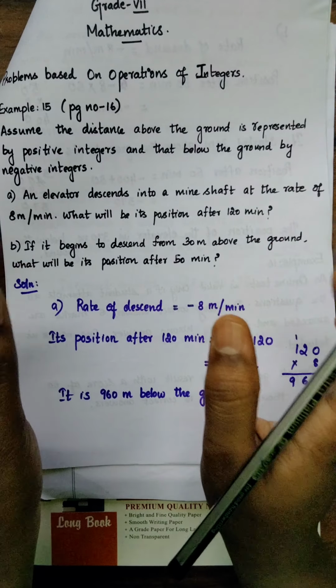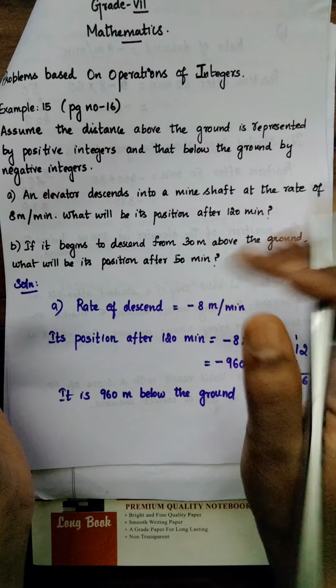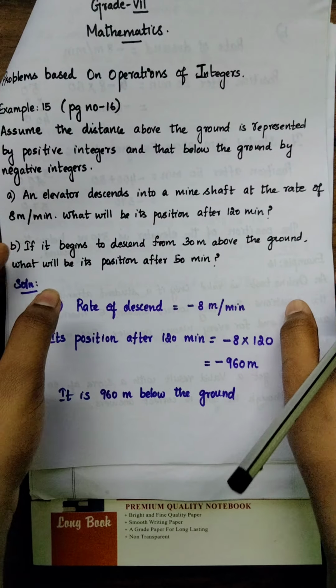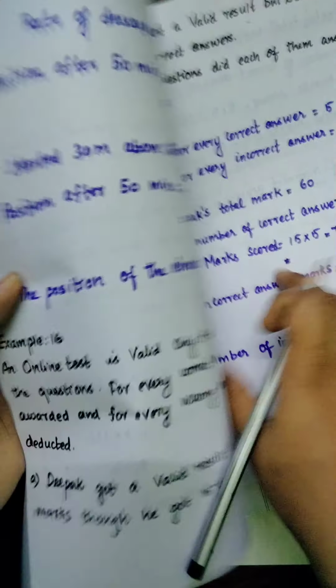Initially, the elevator is at the point of 30 meter above the ground. We are going to find what will be its position after 50 minutes. First find the position after 50 minutes, then you will get an answer. Add that answer with this number. Okay, listen.